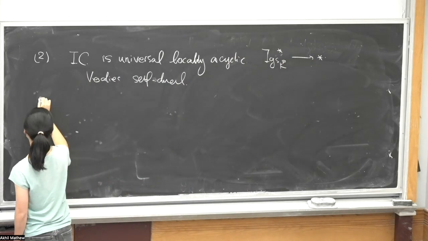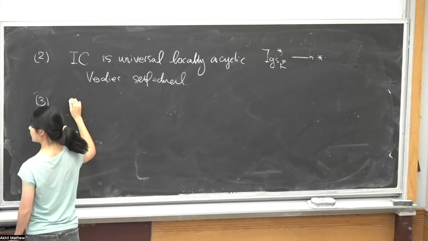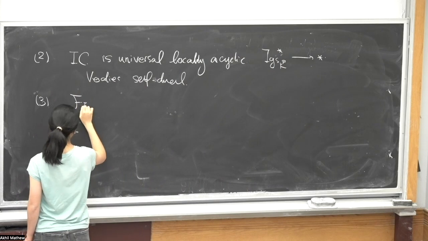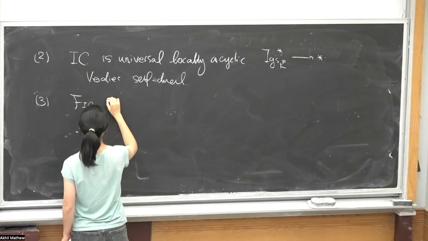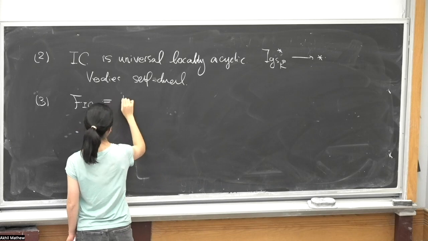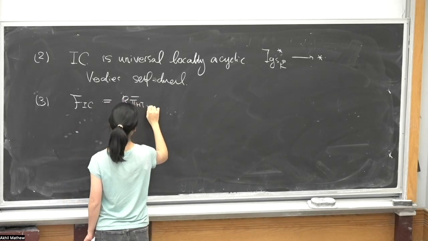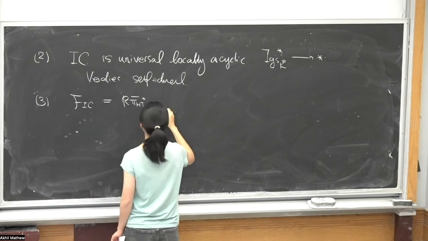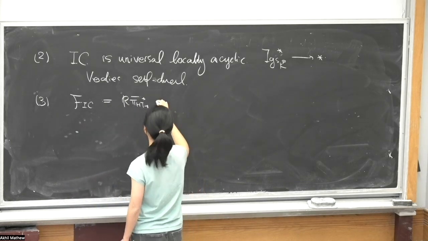And when these two are in place, we should construct the complex we want, IC on Bun_G, by just taking the pushforward of this IC complex from the Igusa stack to Bun_G.